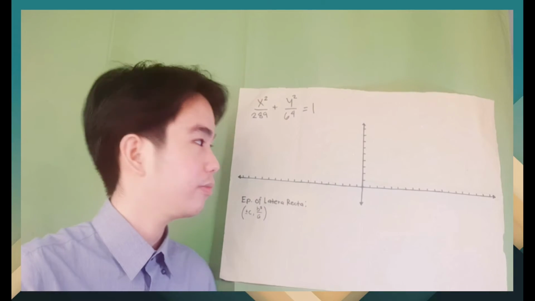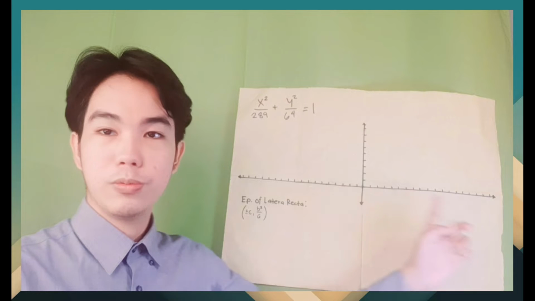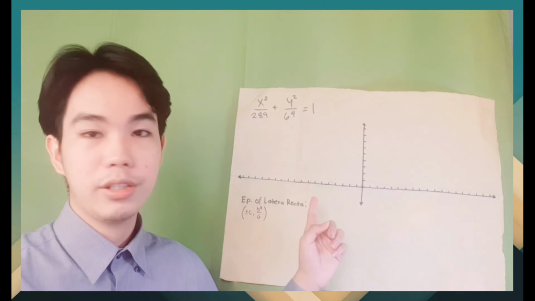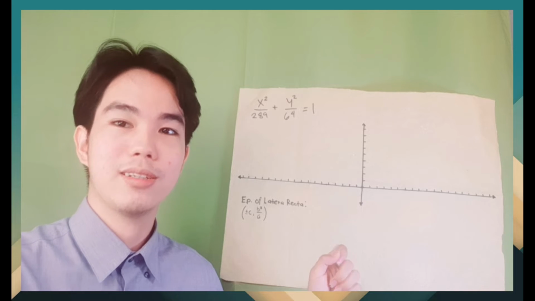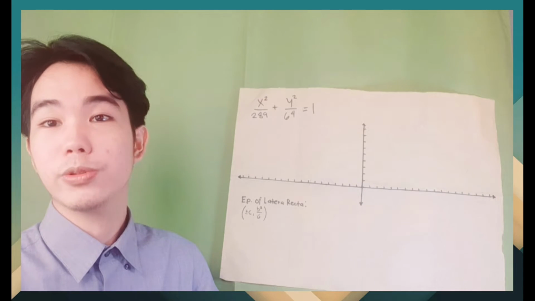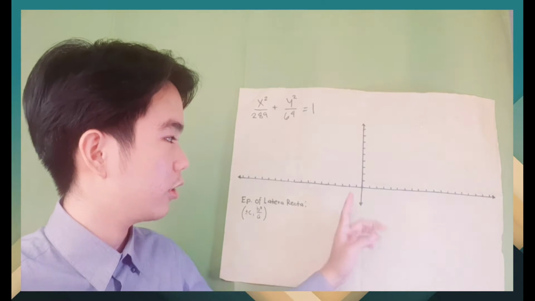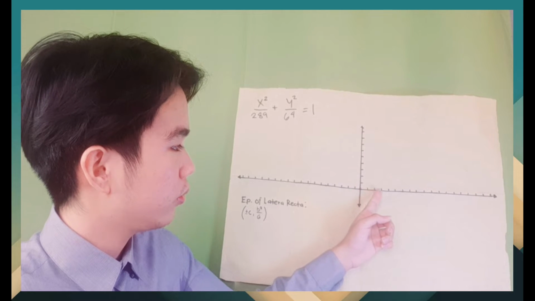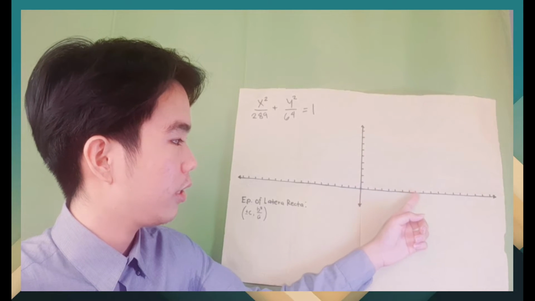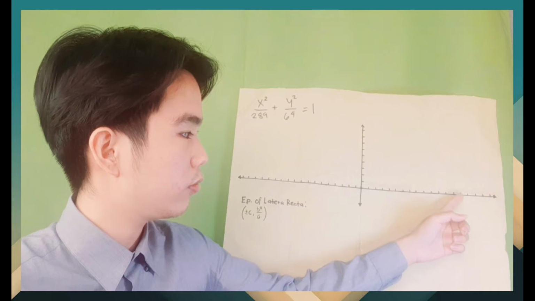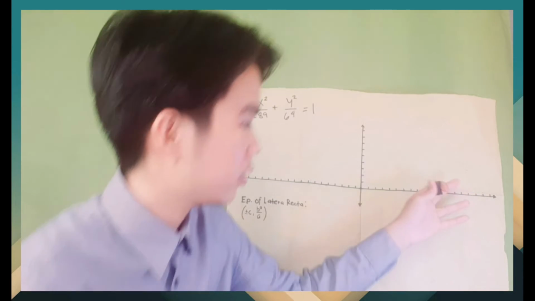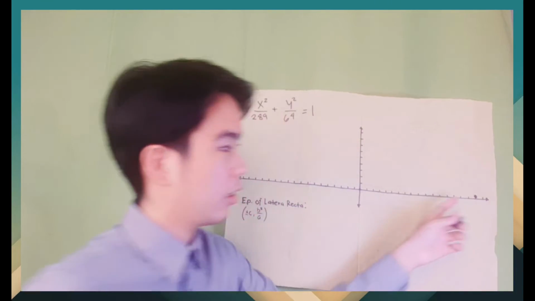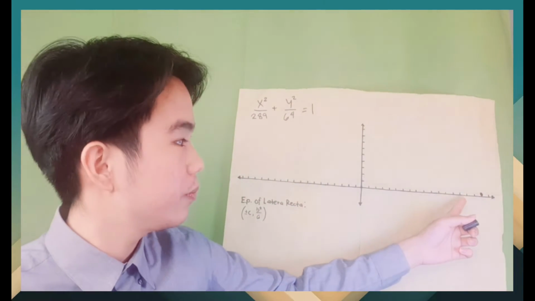So let's graph. First, we should graph the vertices. The vertices is the value a. a is equal to 17. So let's count: 1, 2, 3, 4, and so on up to 17. The vertex must be located here at 17.